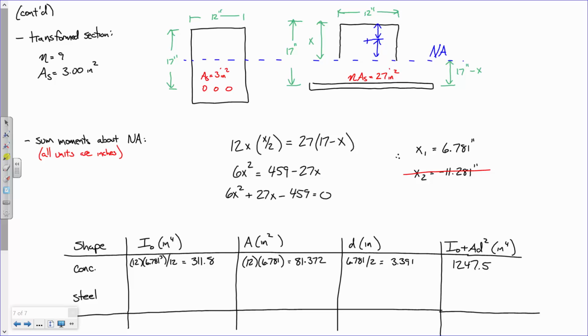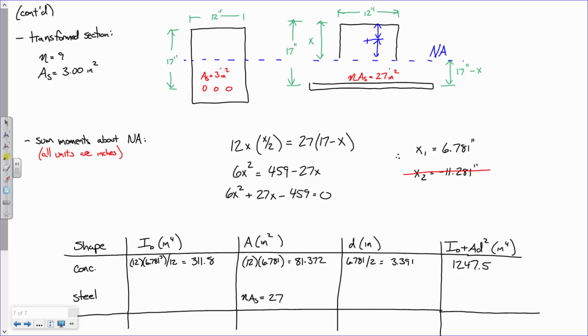Okay. Sound good? Now let's handle the steel. We'll skip the moment of inertia one real quick. What is the area of that box? No, it's 27, right? Remember? The area is 27.